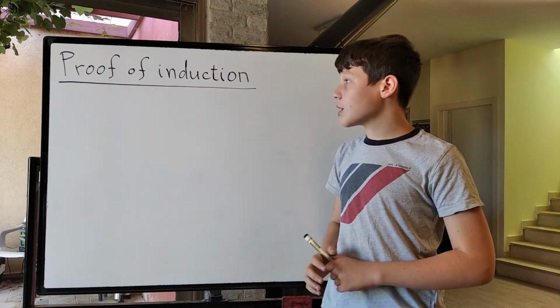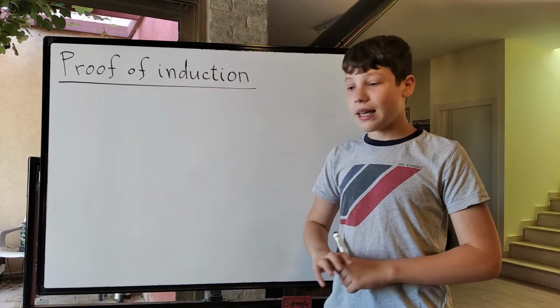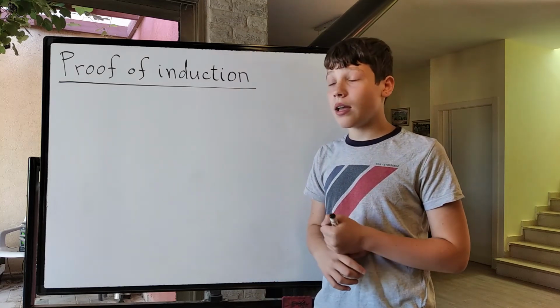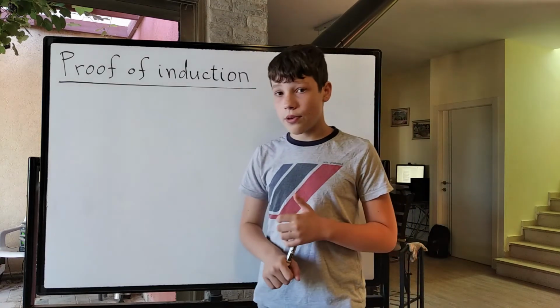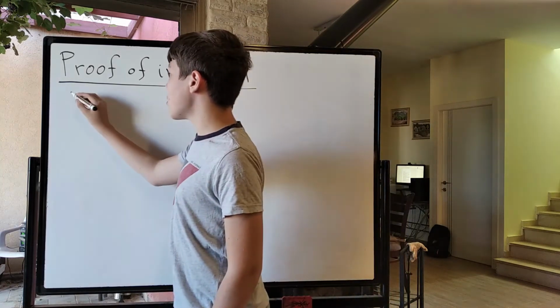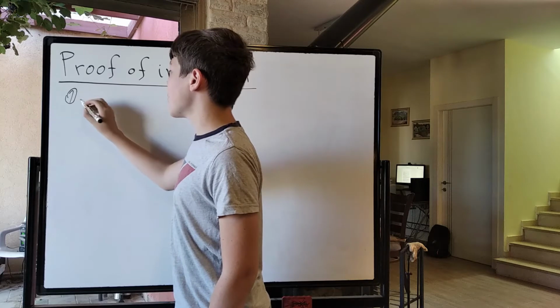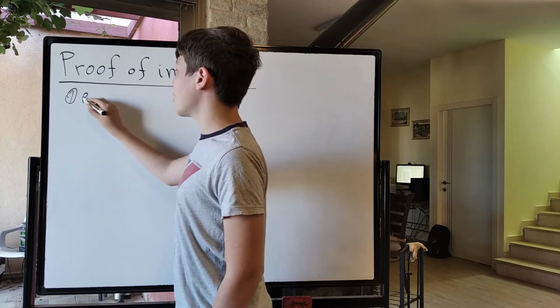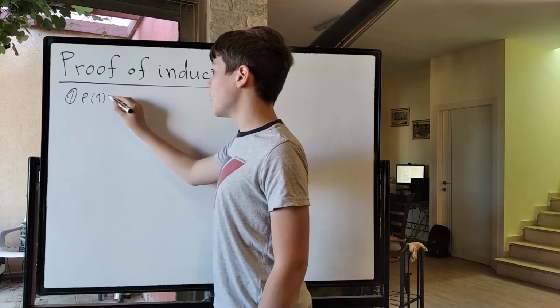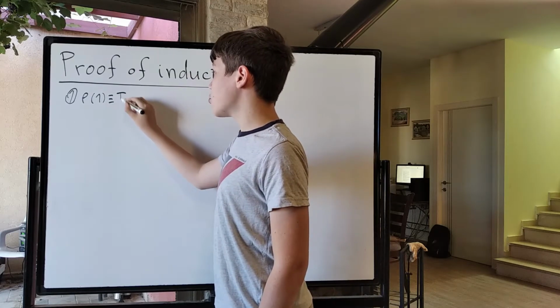So now I want to actually formally look at what we have in the givens, and then prove that we can say that it always works. So here's what we're going to do. The givens are like this. We have two givens. First of all, if we have a statement P, then P of 1 is true.